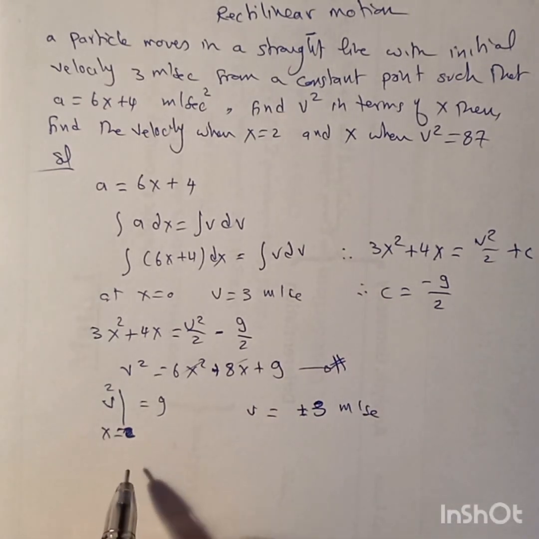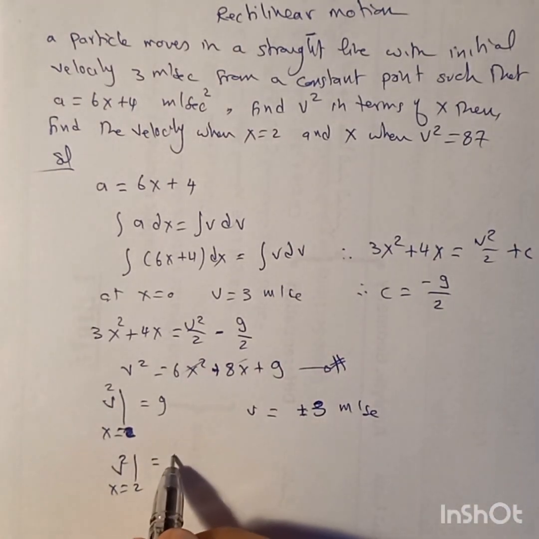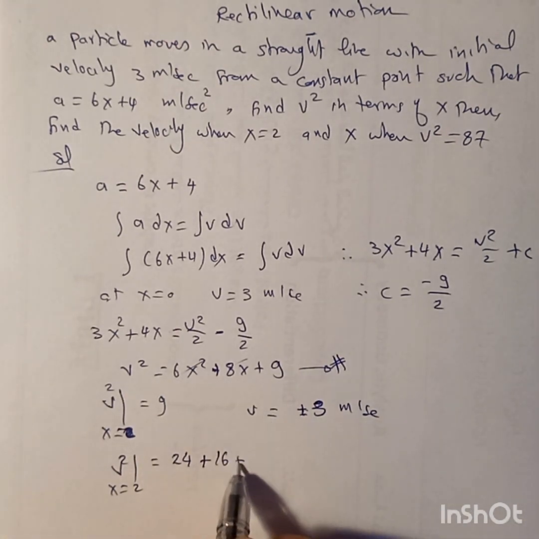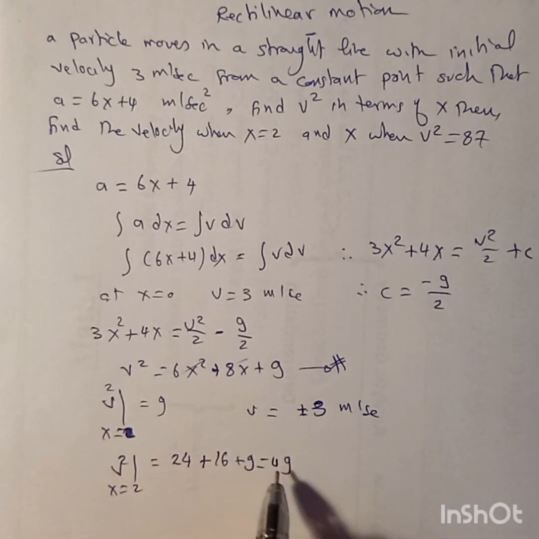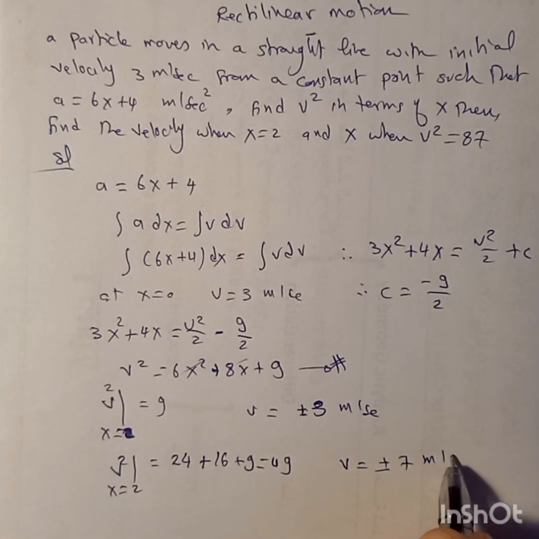At x equals 2, v squared equals 24 plus 16 plus 9 equals 49. Then v equals positive or negative 7 meters per second.